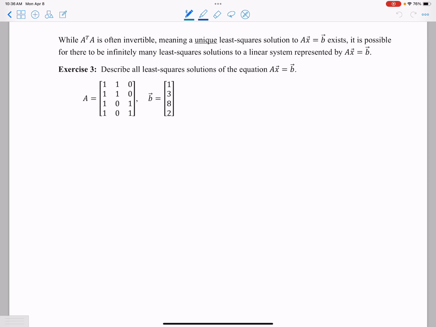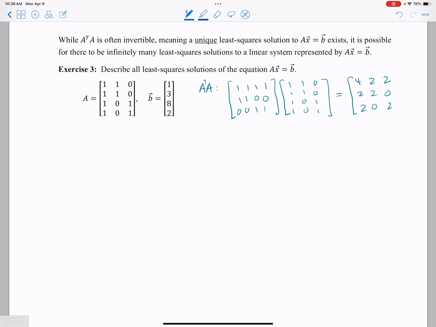A transpose A is often invertible, meaning that there is a unique solution, although it is possible to not have a unique solution. So let's look at this example and see what happens. Again, I'm going to find A transpose A first. Multiplying out, I get 4, 2, 2, 2, 2, 0, 2, 0, 2.